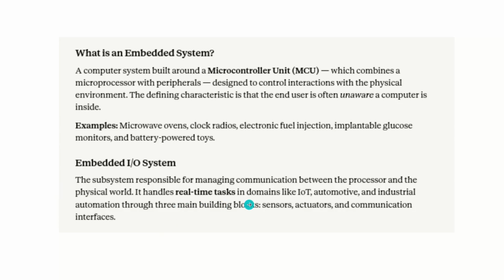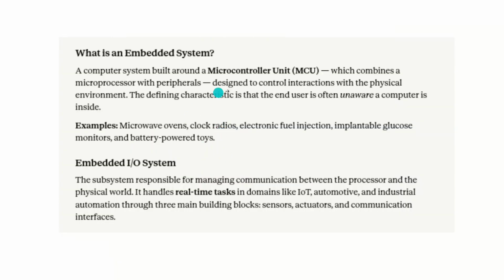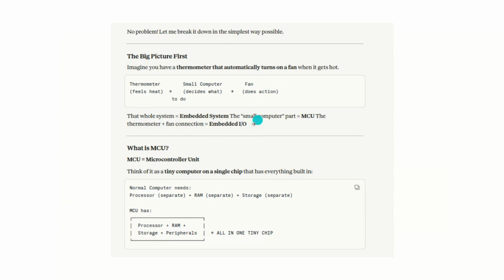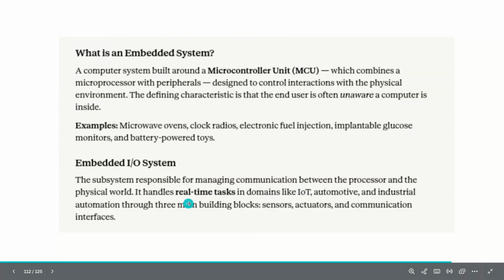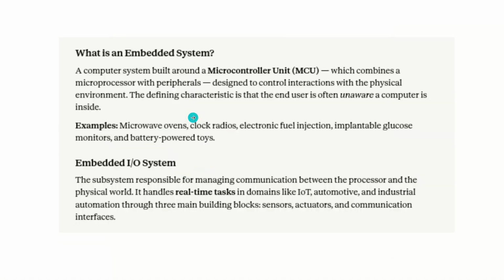It handles real-time tasks in domains like IoT, that is Internet of Things, automotive and industrial automation, through three main building blocks: sensors, actuators and communication interfaces. So the subsystem managing this communication between the processor and the outside world is known as the embedded IO system.